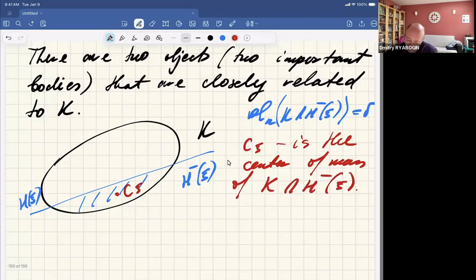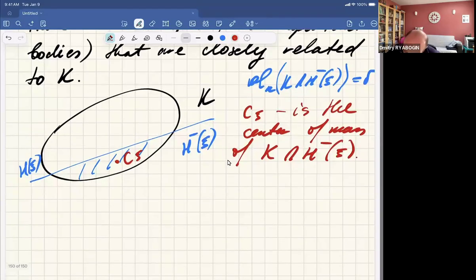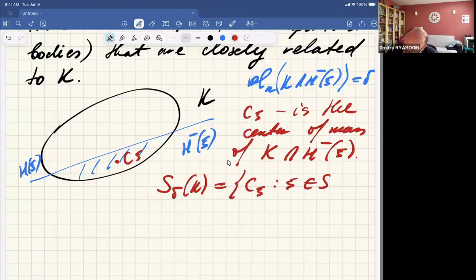Okay, and then I'm going to consider the following surface. I will define it as the surface delta of K, which is going to be the set of all of the centers of mass in all directions. So in the picture, if I take another one, I'll take here the center of mass.